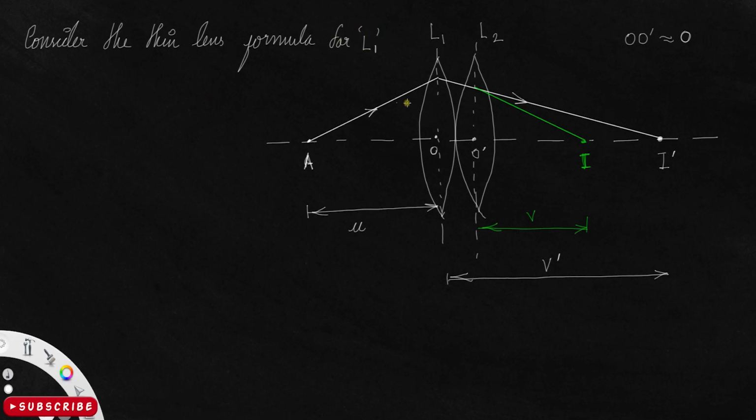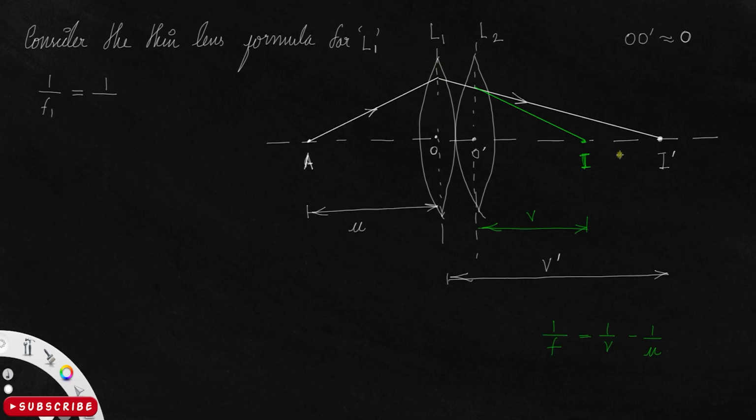We have the thin lens formula, it's actually 1 by F is equal to 1 by V minus 1 by U, where F is the focal length. And let's take F1 to be the focal length of the first lens and F2 the focal length of the second lens. So applying this formula, we know 1 by F1 is equal to 1 by V.